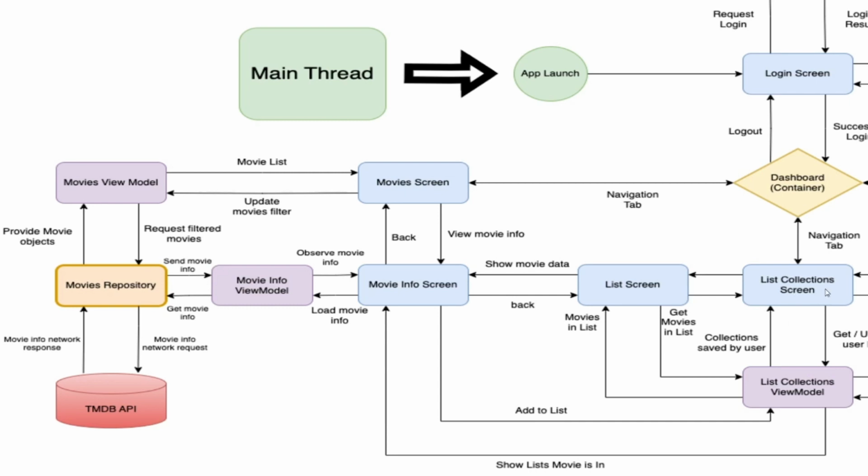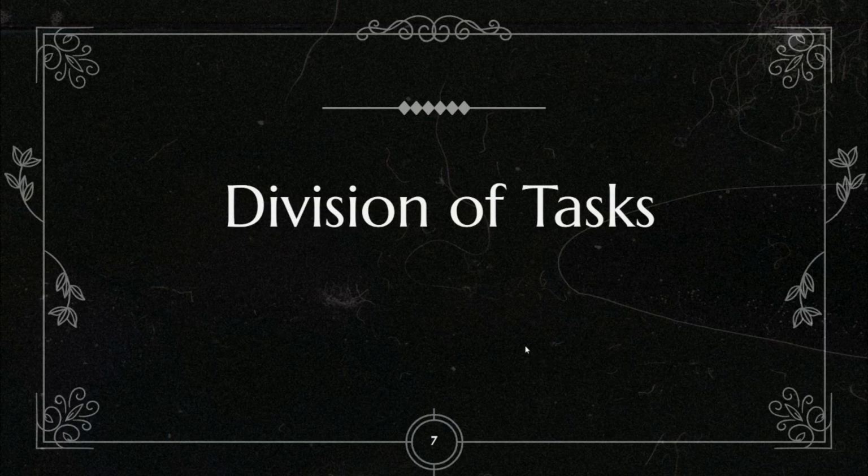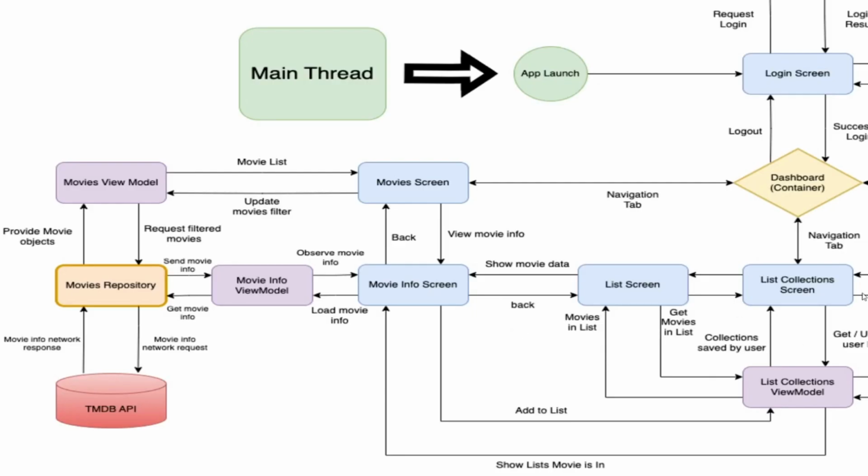From the list that I was talking about earlier, we can see our own list, and we can also see our friends' lists. And from those lists, we can click the individual components again to show what movies are inside the list.